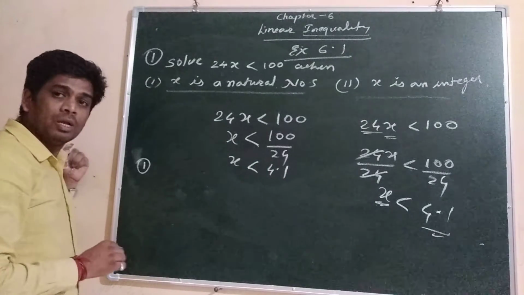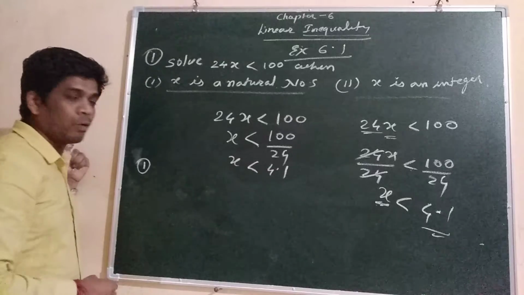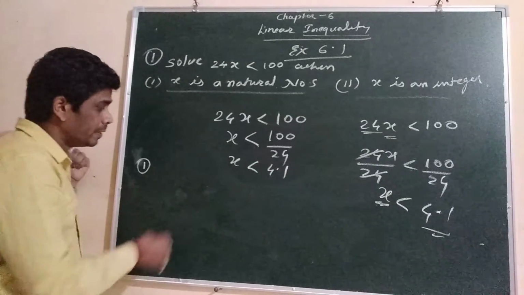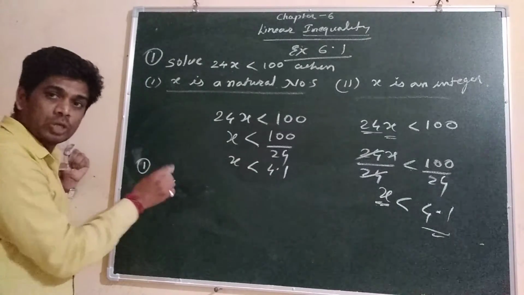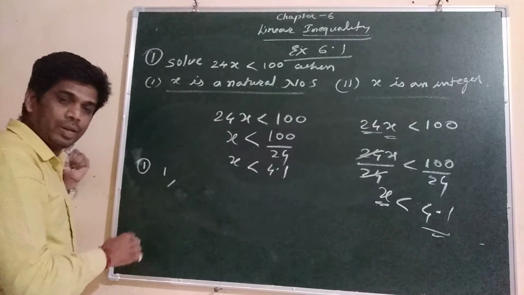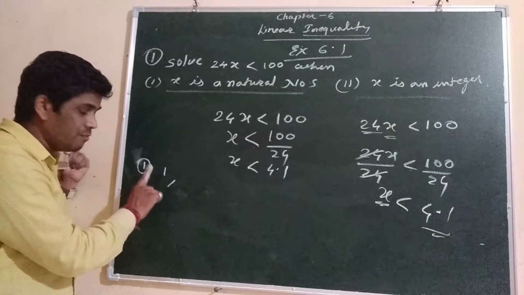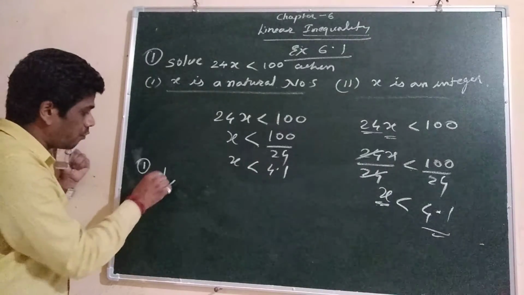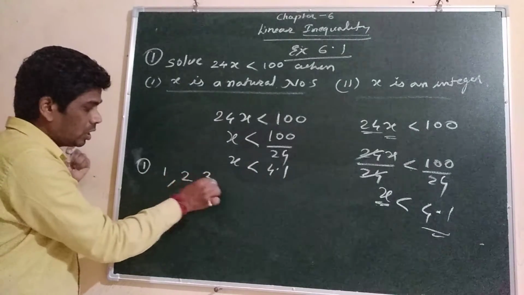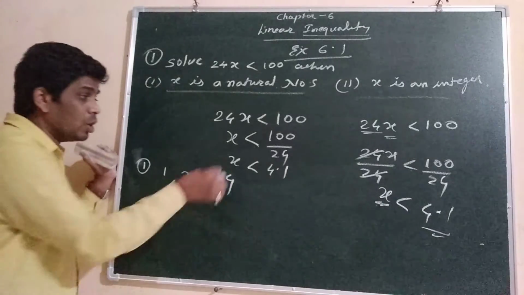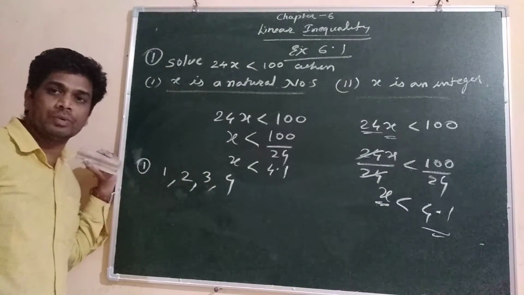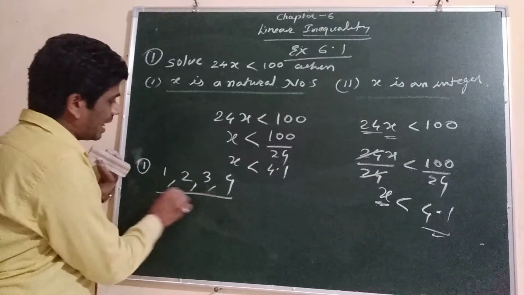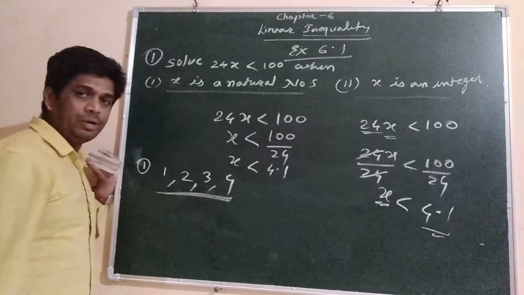Which are the natural numbers less than 4.1? Natural numbers are whole numbers only, beginning from 1 to infinity. But we have to take less than 4.1. So 1, 2, 3, and this 4 also will come, because 4 is also less than 4.1. So these are the natural numbers which are less than 4.1.